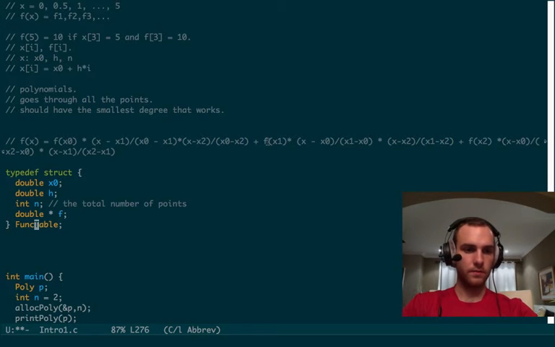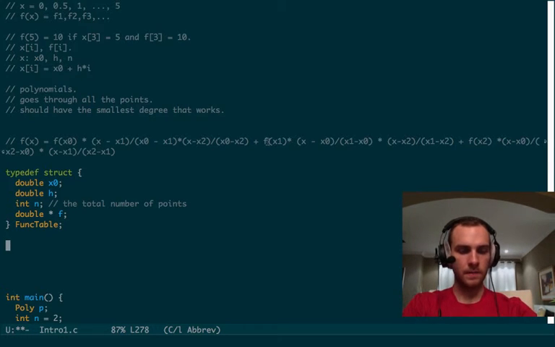probably better, you know, like this. But if I write it like this, people might actually think it means something. So we could write functions to initialize it.